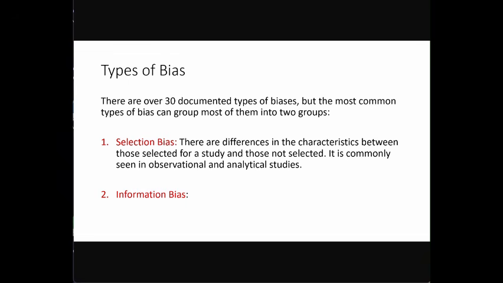Now, there are types of bias. There are many types of them, but they are grouped. There are common ones we use: selection bias and information bias.